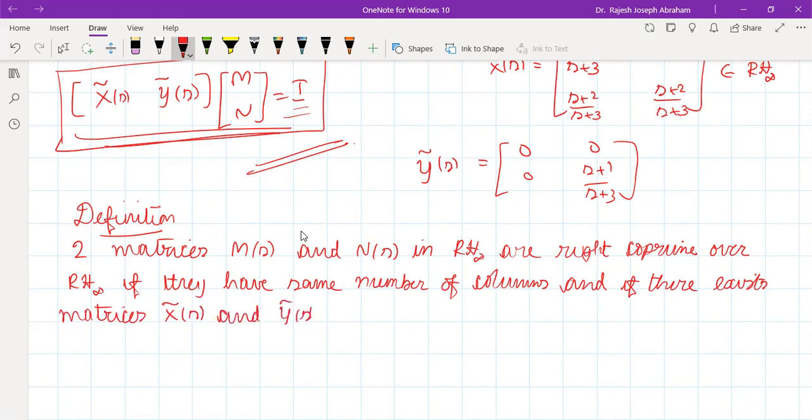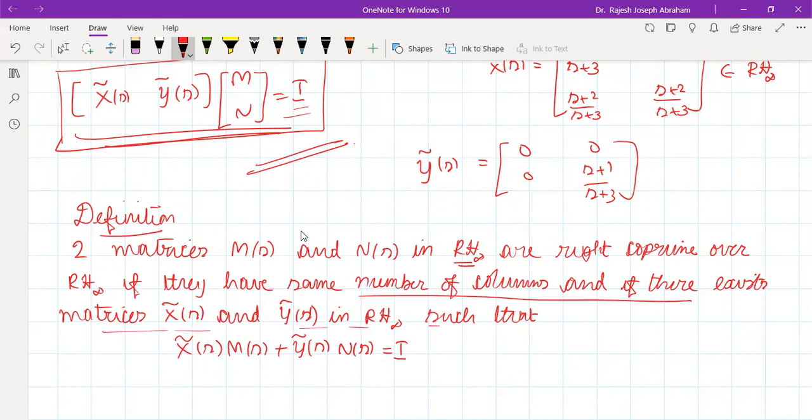Okay, so they should also be in the same space, stable and rational proper. Okay, Y tilde of S in RH infinity such that X tilde of S M of S plus Y tilde of S N of S equal to I. Okay, so they are right coprime if they have the same number of columns and if there exist these matrices so that the Bezout identity is satisfied. Okay, then we say that the matrices M and N are right coprime.